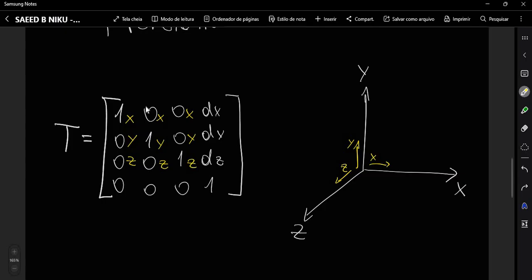So the other values for this unit vector are 0.